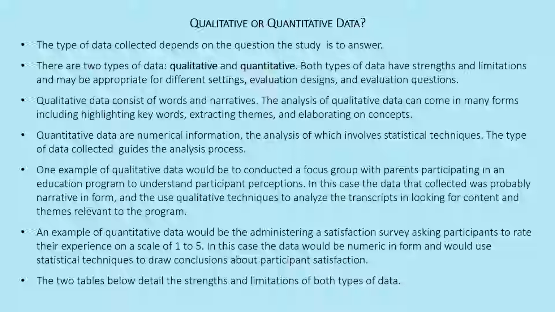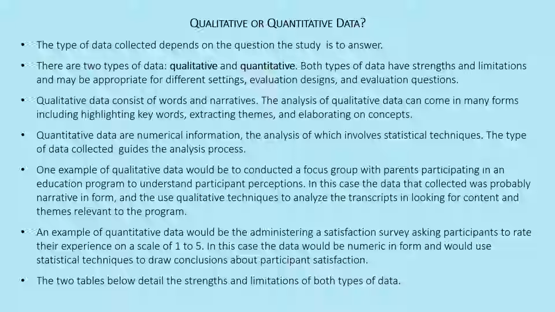One example of qualitative data would be to conduct a focus group with parents participating in an educational program, to gain information or understanding of the participants. In this case, the data that is collected was probably more narrative in form, and the use of qualitative techniques to analyze the transcripts, looking for particular themes or comments that are made and that seem to be consistent through evaluating the program.